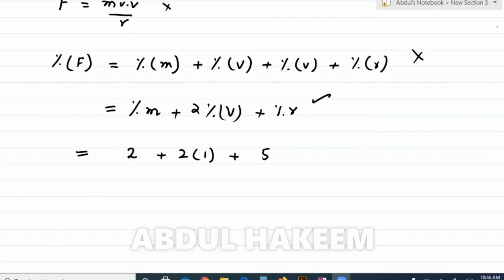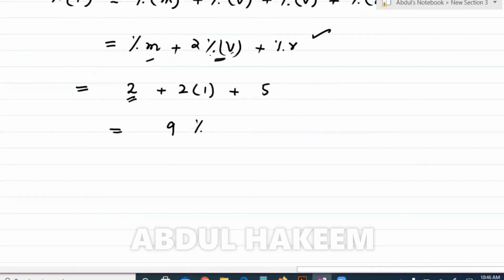Okay, so the mass percentage is 2. The speed is 2 times percentage of V. V is 1, so 2 times 1, and this R is 5. So it becomes a total of 9%. Now this is the percentage uncertainty. So what is the delta F then? It is 9% of F, which is 1000.